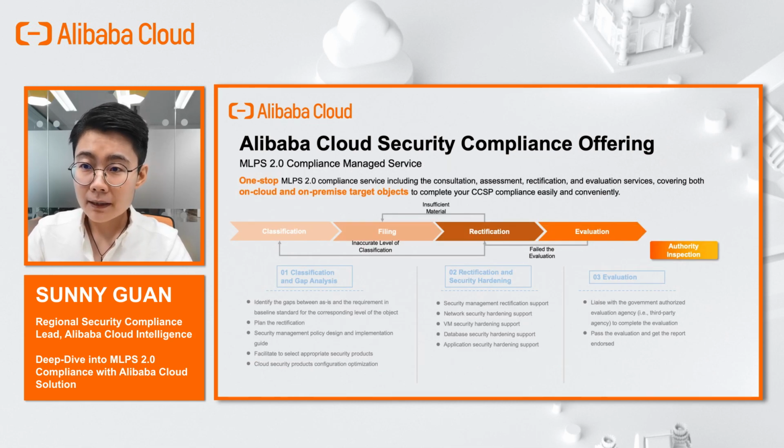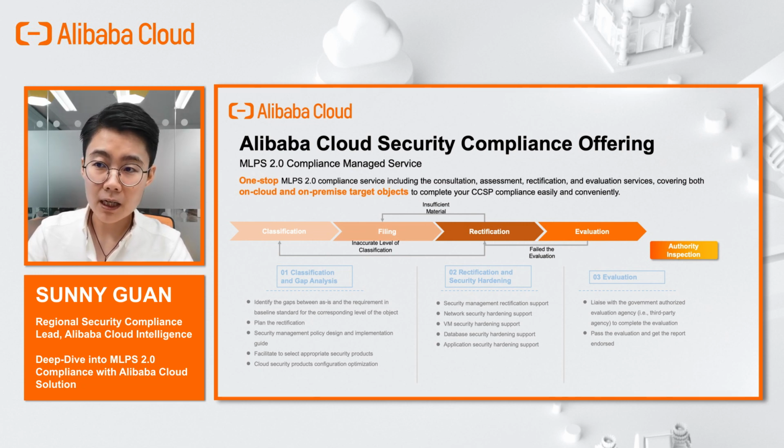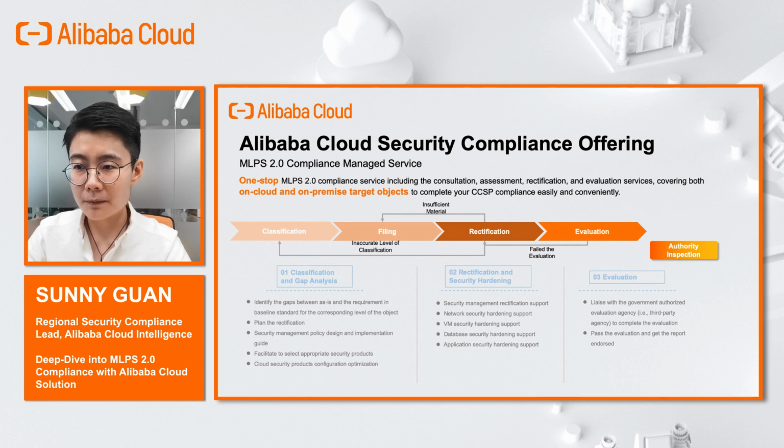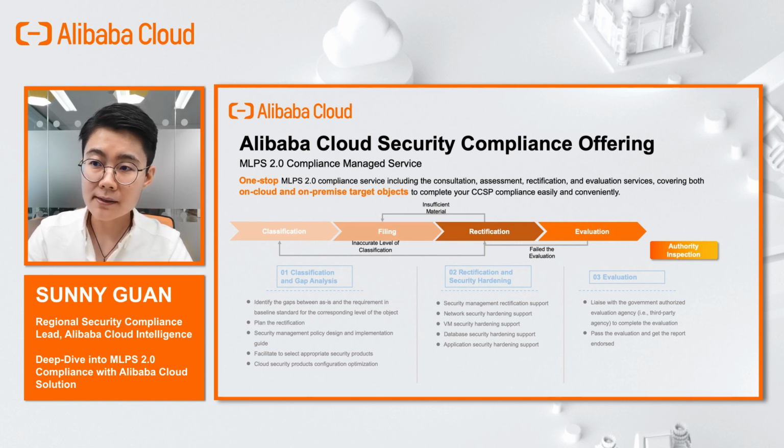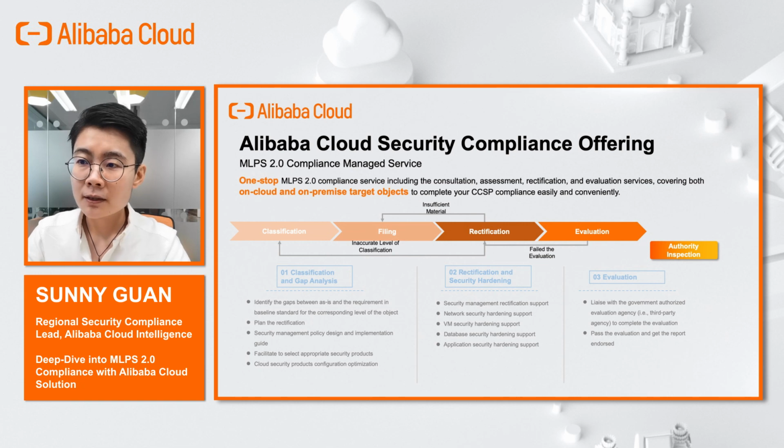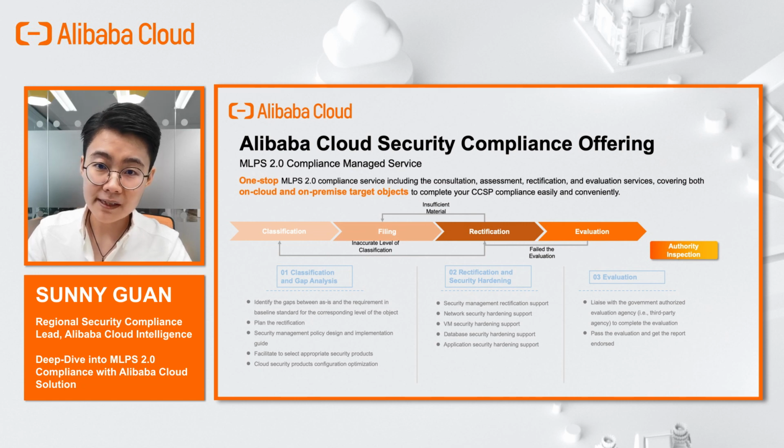On top of Alibaba Cloud security products and security capabilities, we also provide our customers a one-stop MLPS 2.0 compliance service to facilitate your MLPS compliance journey. Our security professionals with rich experience in MLPS 2.0 will be deeply involved in the whole process, from the classification to evaluation, and also provide you with advice on the security rectifications if there is any gap identified.